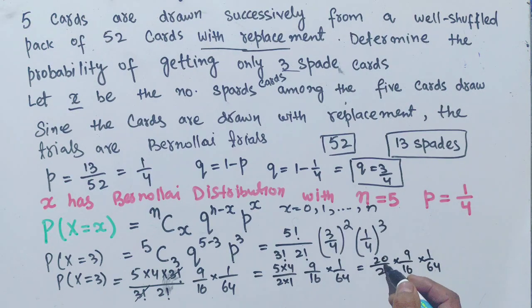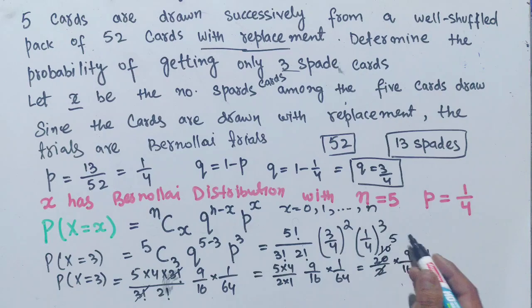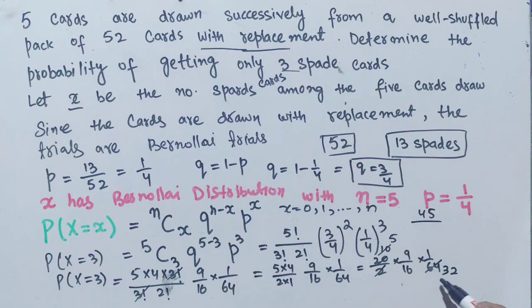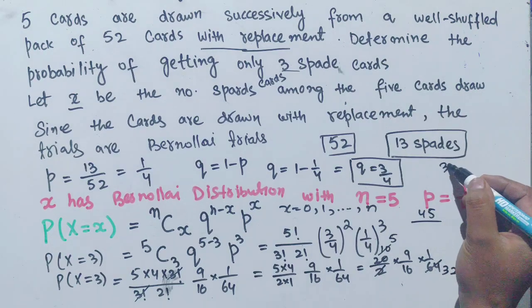So here it is 10, then we get 5, here we get 32, so 5 9s are 45 divided by 16 into 32.